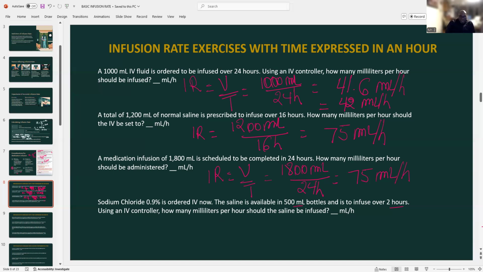So you will have an infusion rate, volume over time, which is going to be 500 milliliter over 2 hours. So you will get 250 milliliter per hour. All right, let's move on to the other one.